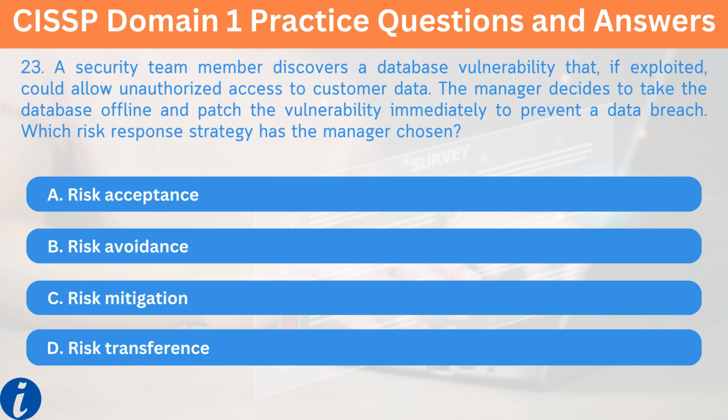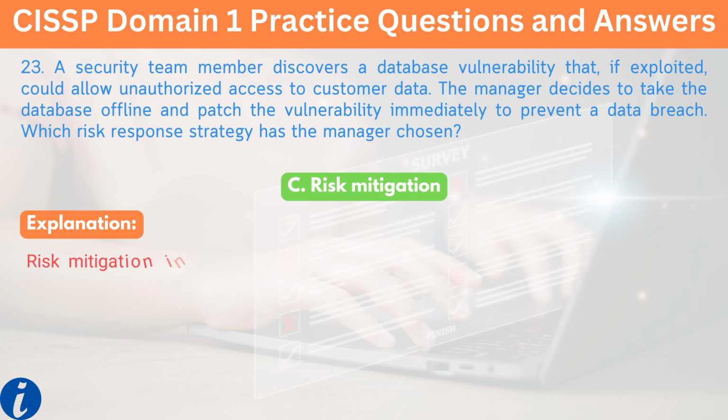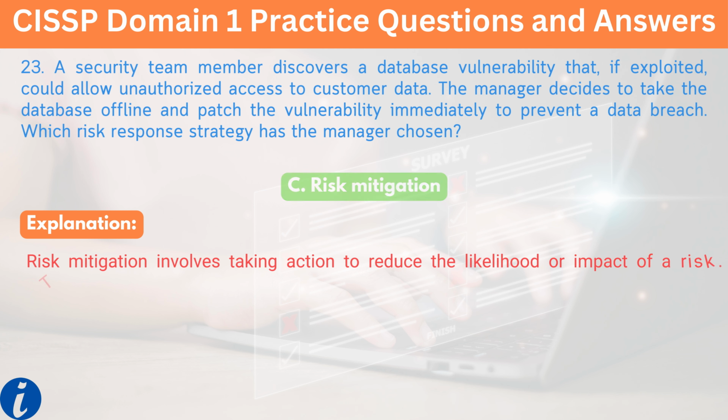23. A security team member discovers a database vulnerability that, if exploited, could allow unauthorized access to customer data. The manager decides to take the database offline and patch the vulnerability immediately to prevent a data breach. Which risk response strategy has the manager chosen? A. Risk acceptance. B. Risk avoidance. C. Risk mitigation. D. Risk transference. The correct answer is C. Risk mitigation. Explanation.